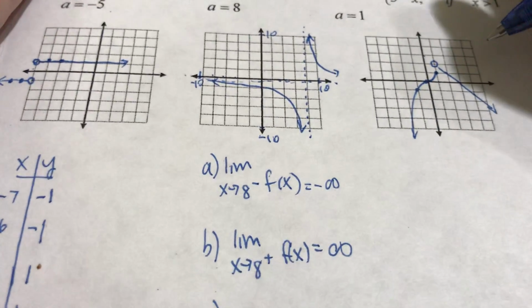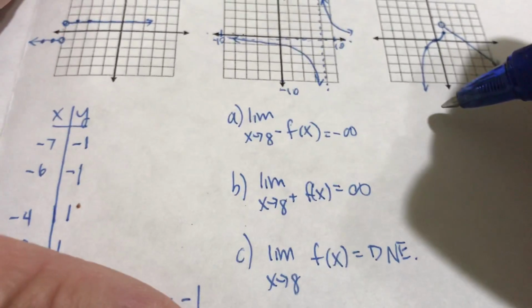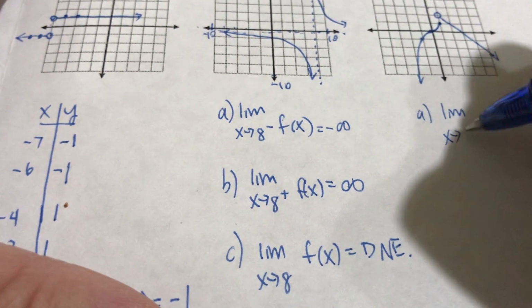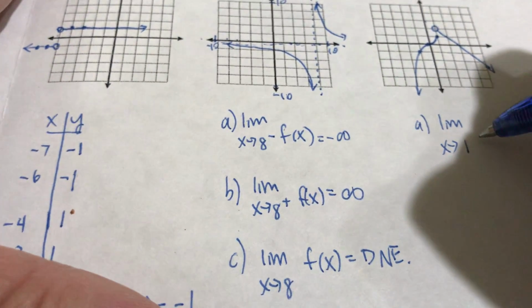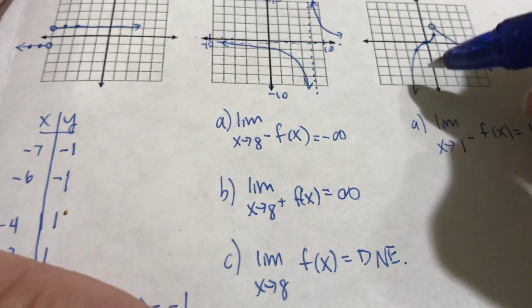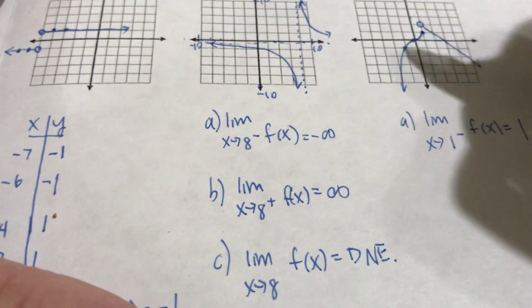So now with this graph, you can see the behavior of the left hand and the right hand side. So limit, part A, limit as x approaches 1 from the left hand side is going to be the value of positive 1. Coming from the left hand side, it is going to approach the value of y equals 1 right here.